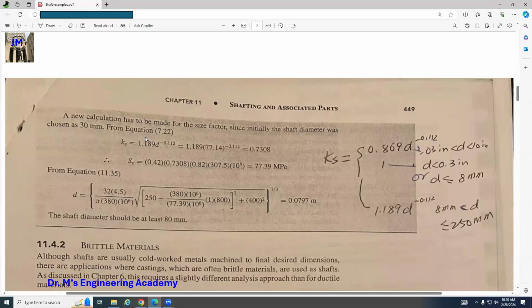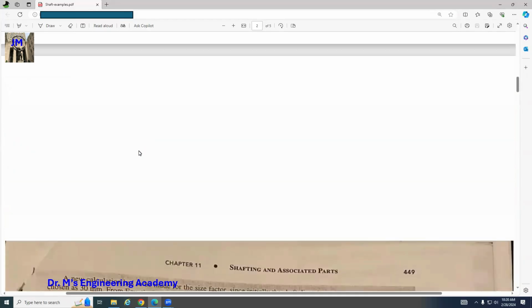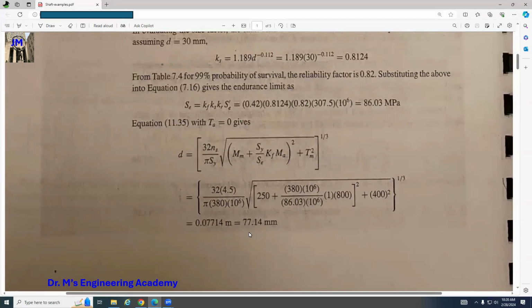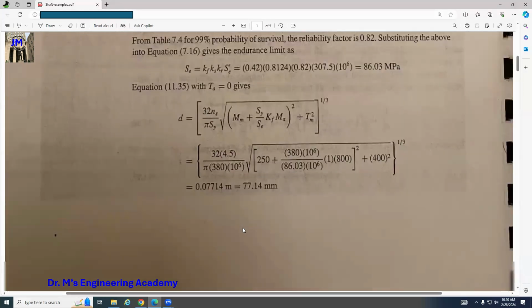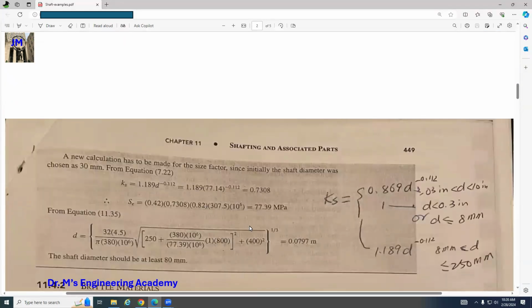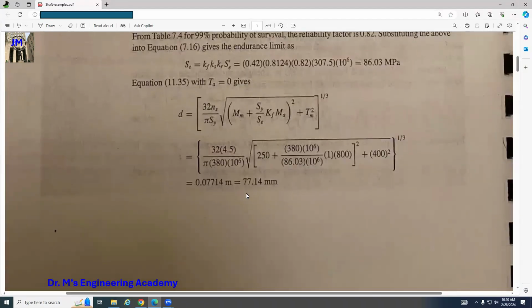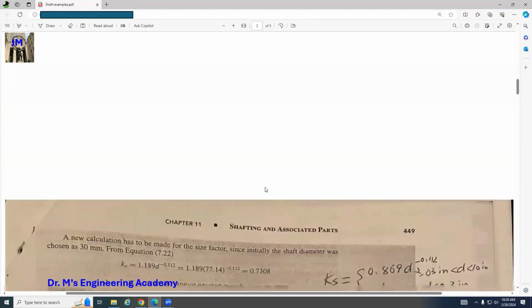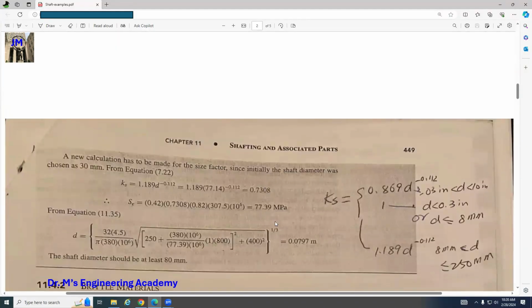This new D is this one. So you can see this one is very, very similar to our previous one. 0.7714. This is 7714. So this is 7739.